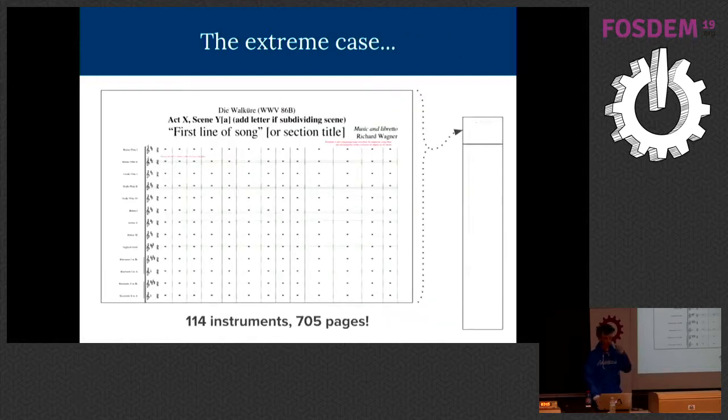And in the extreme case, we have Wagner's Die Walküre here, which is the opera that contains the Ride of the Valkyries. You can see the template score for this has 114 different instruments. What you're seeing on the left is a zoomed in version, and on the right you can see that line indicating how much you're looking at.